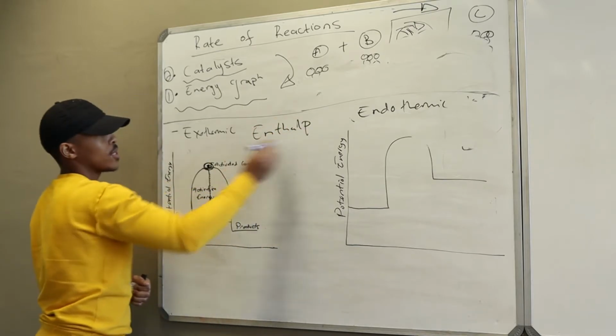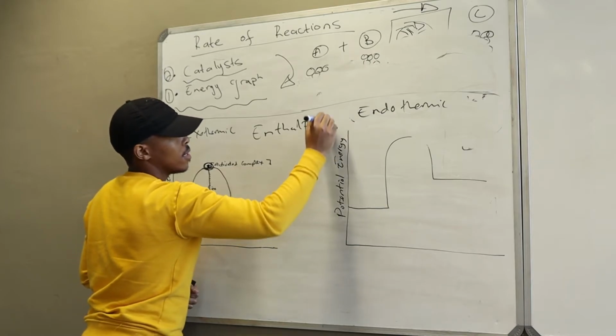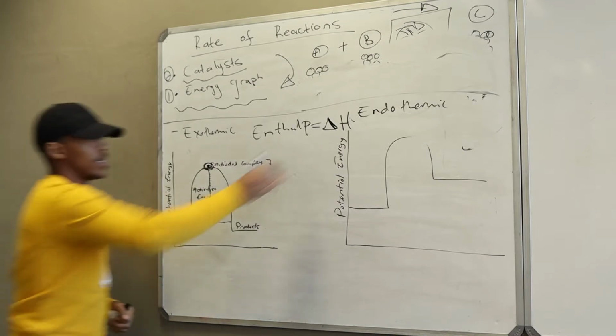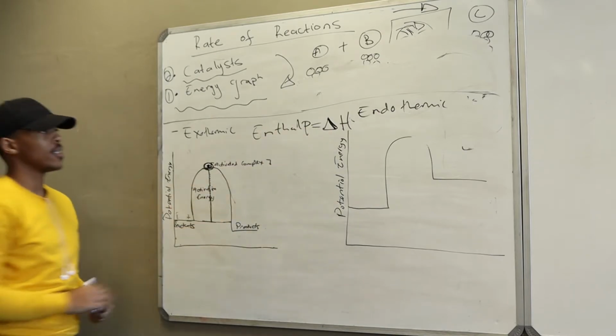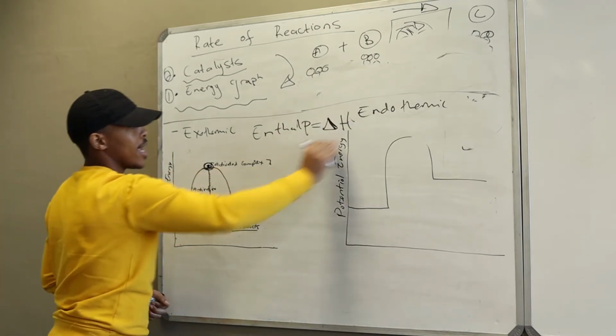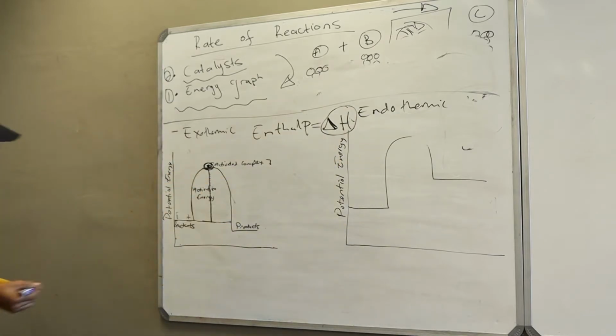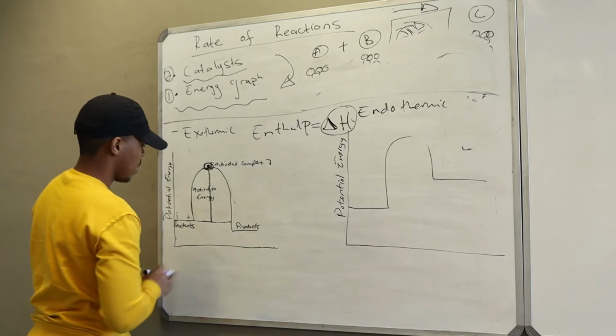Enthalpy, and it's written as delta H. Okay? Now delta, we all know what delta is. It means a change in H, and this H actually stands for temperature, or energy actually.